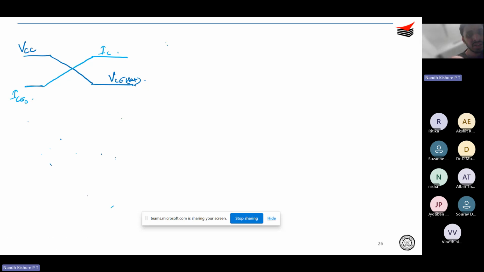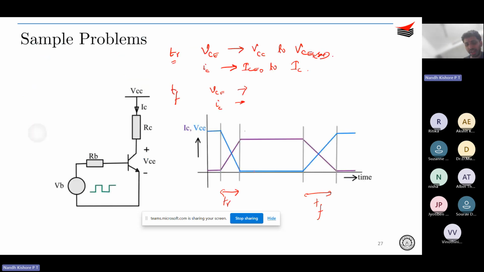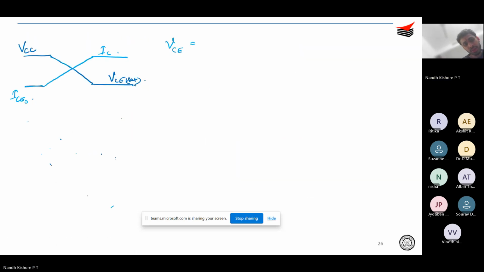So how can you write your voltage? VCE can be written by just writing a line equation for this. You just need to write a line equation for voltage.